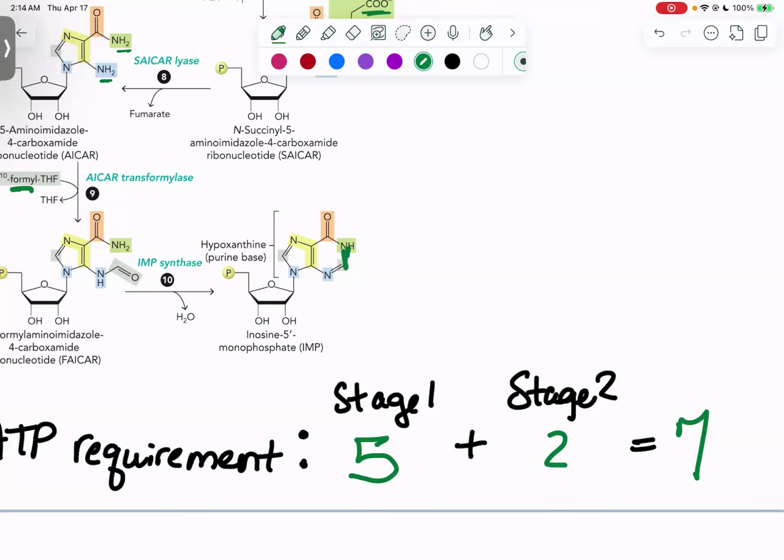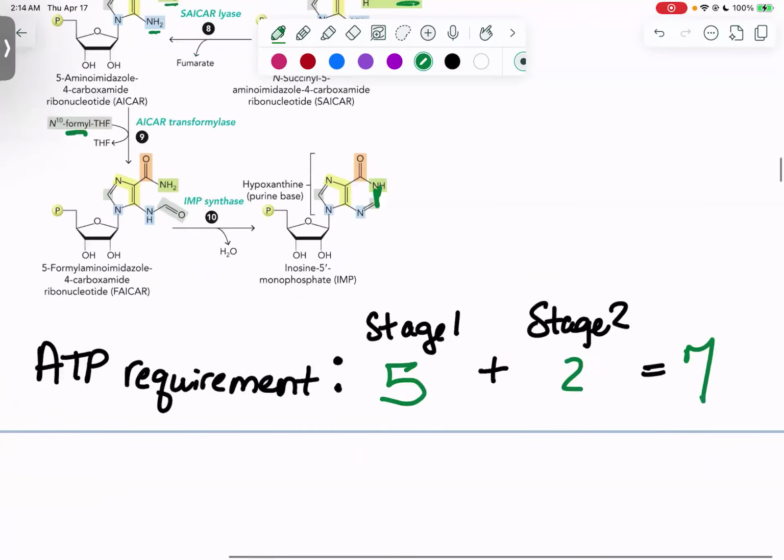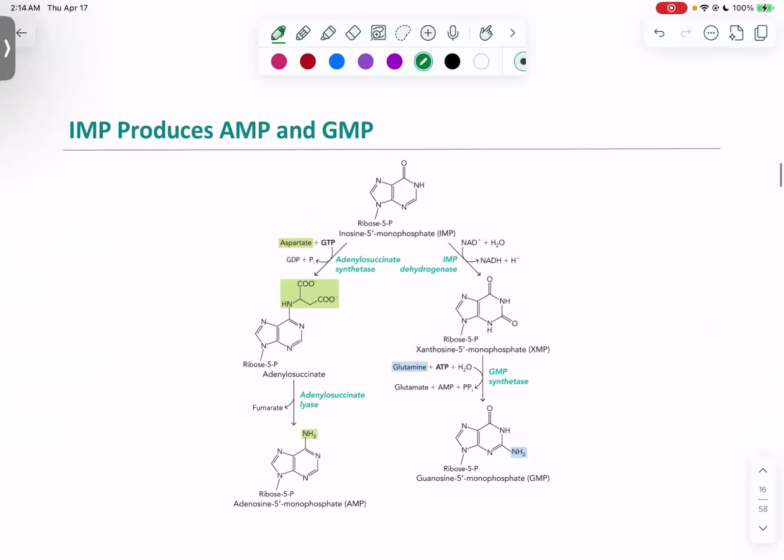All right, so we have IMP, inosine monophosphate. What do we do with it? Well, we could do one of two things with it. We could take that inosine monophosphate, the IMP, and turn it into AMP, or we could turn it into GMP.